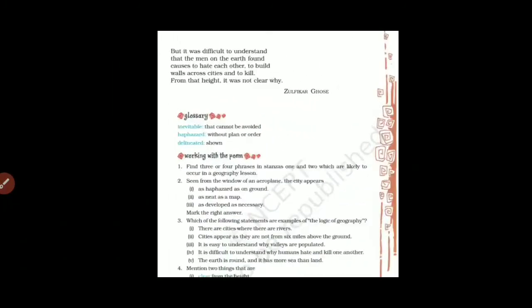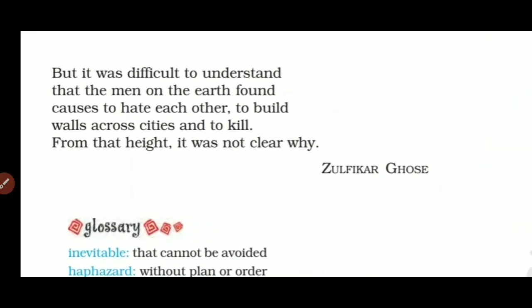But it was very difficult for him to understand why men on the earth search for reasons to hate each other. In this small life, the people are finding reasons to hate each other. They want to build walls across cities just to divide the cities, just to kill each other.